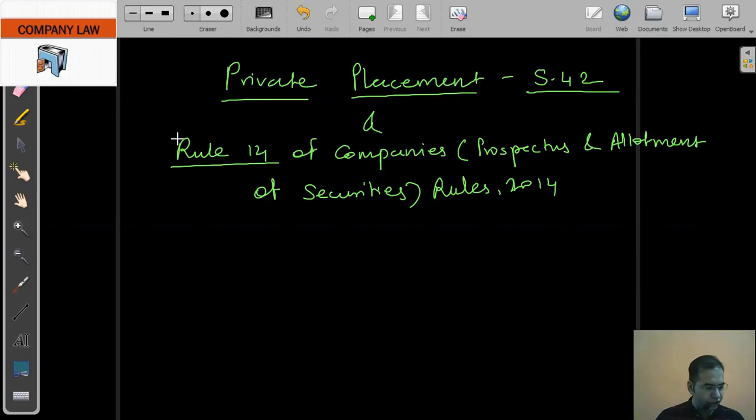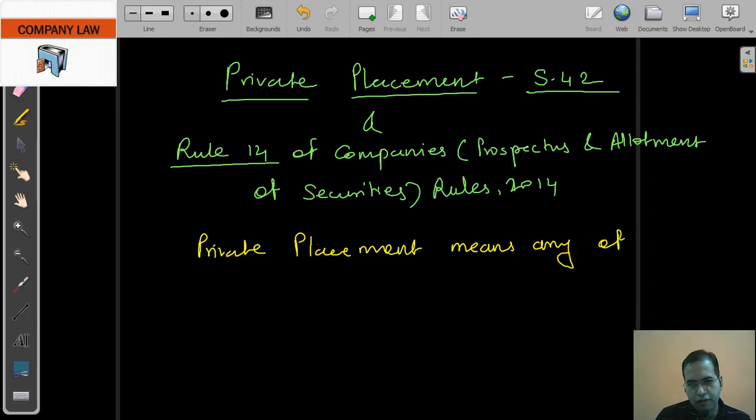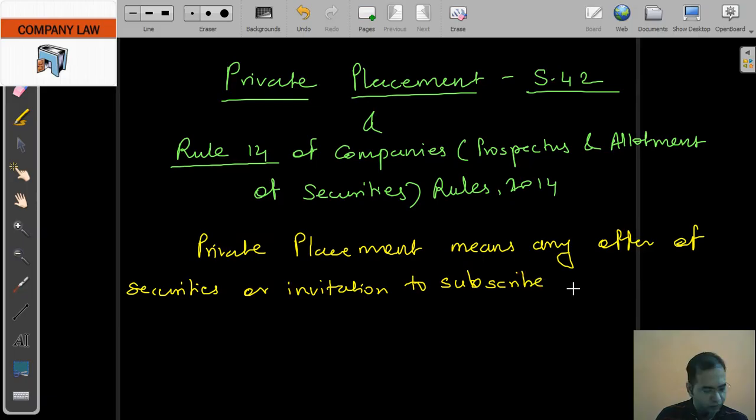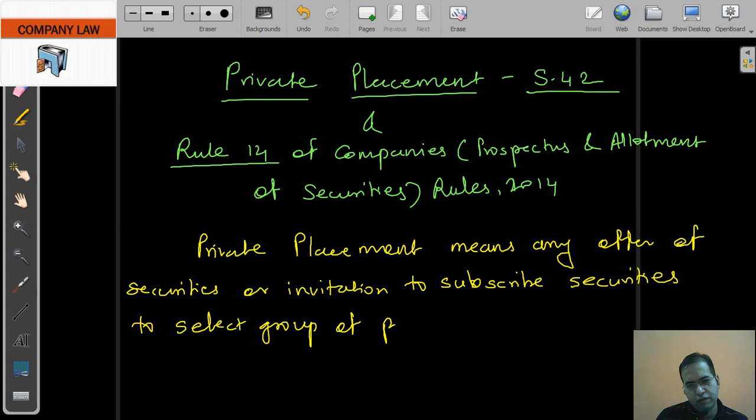So can we write down the definition? Private placement means any offer of securities or invitation to subscribe securities to a select group of persons.